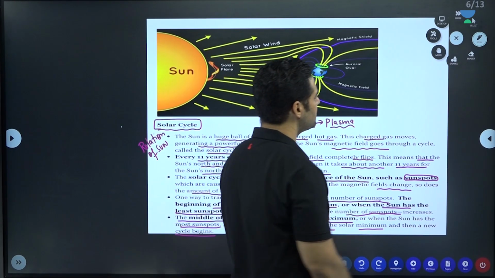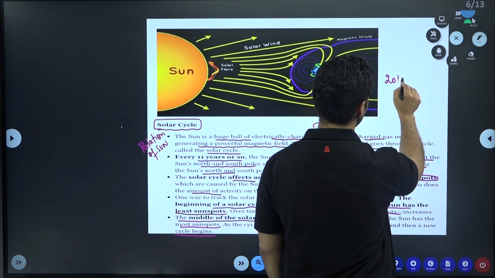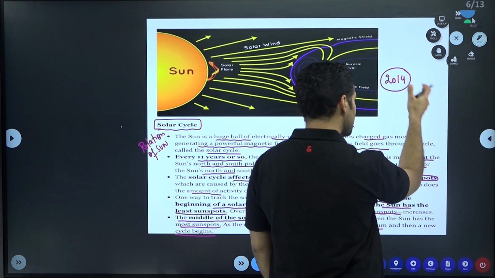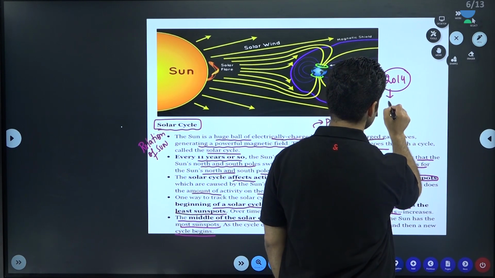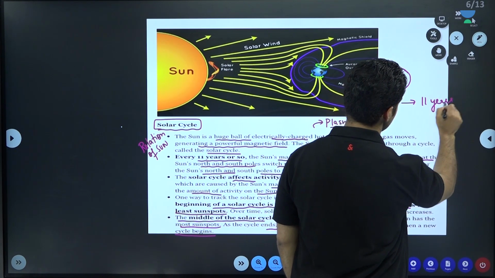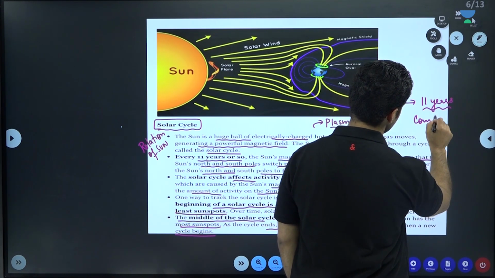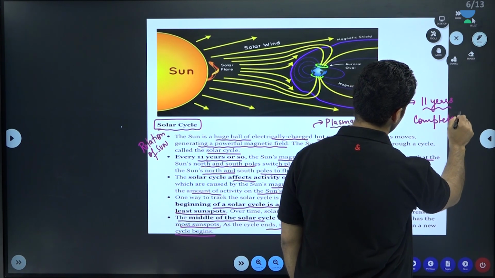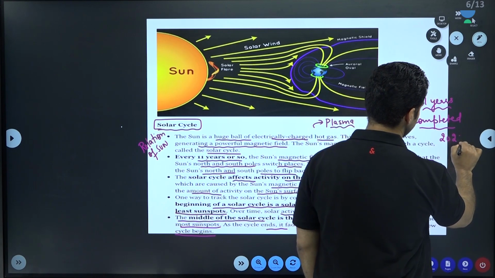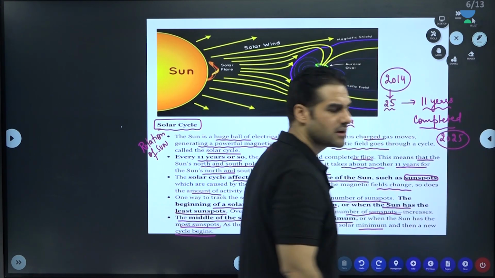Now what you need to understand, April 2014, solar cycle 24 ends. After April, solar cycle 25 begins, and in another 11 years, it will be completed. So that means 2025, it will come to an end.